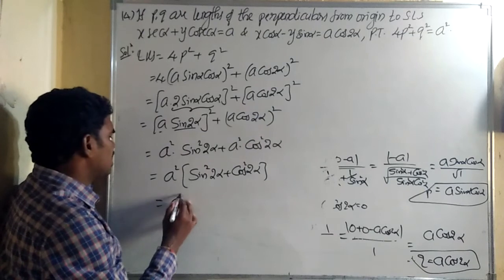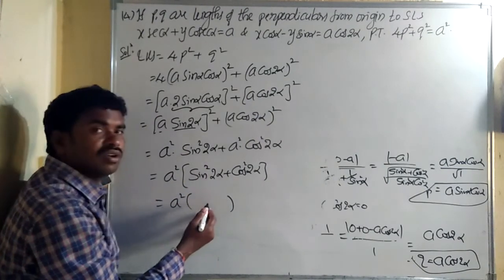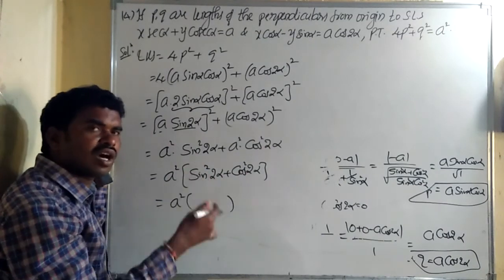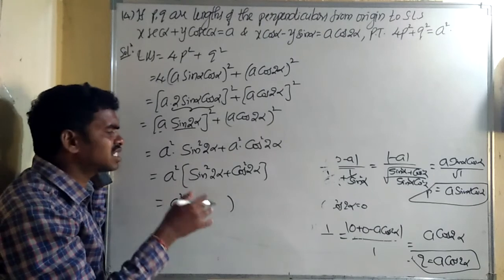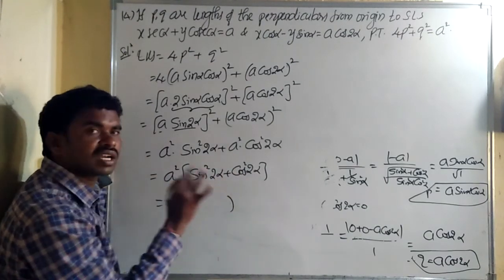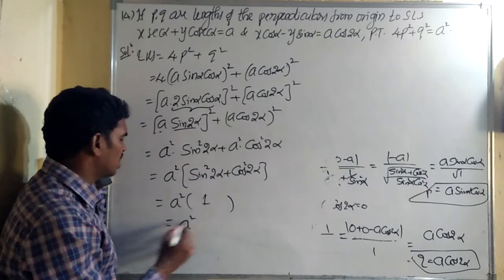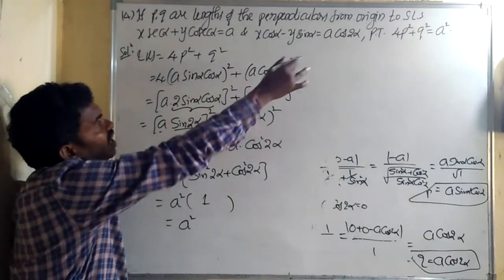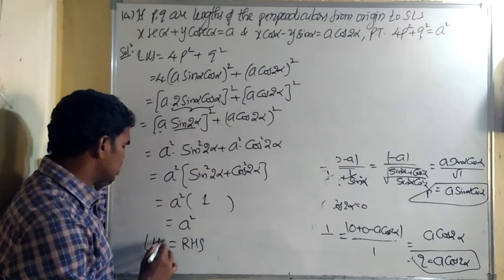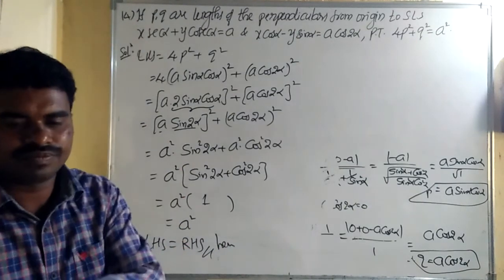What is sin square theta plus cos square theta? It is 1. Theta is a real number; it may be 2 theta or 2 alpha or 90 degrees or anything. So sin square theta plus cos square theta value is 1, which gives a square. So finally the left hand term is simplified and we got the RHS. LHS is equal to RHS, hence proved.